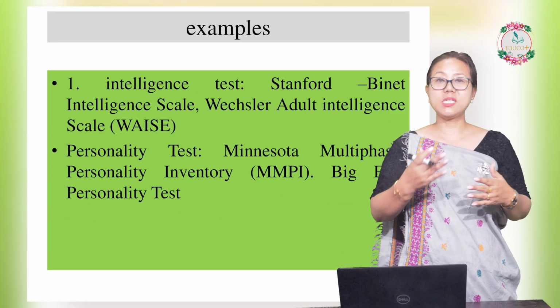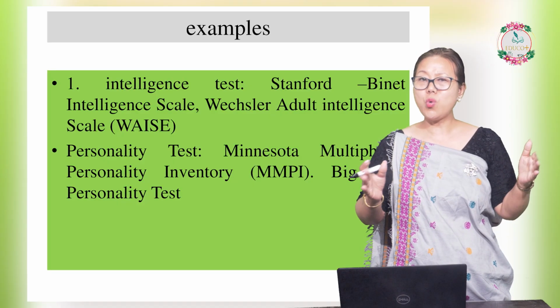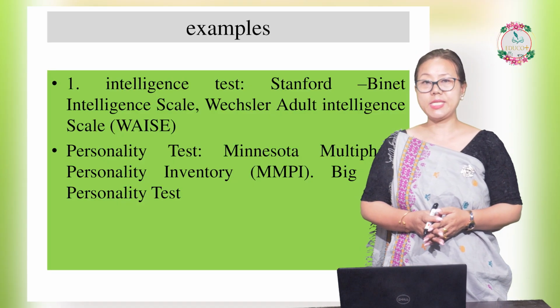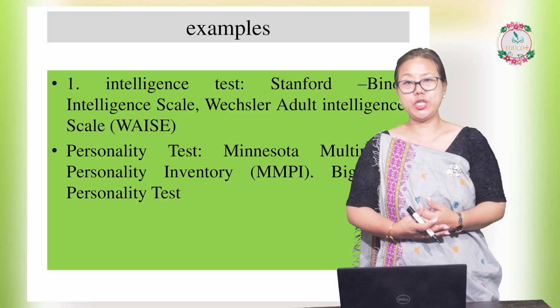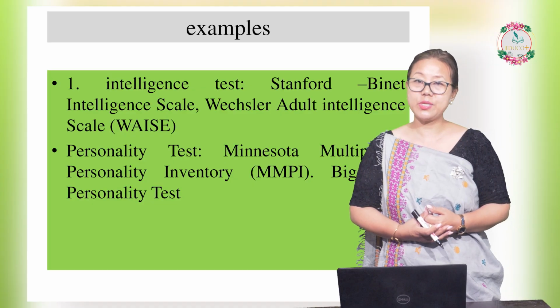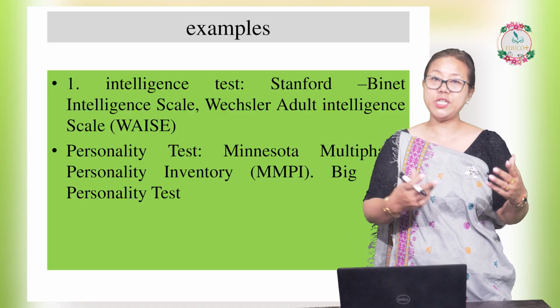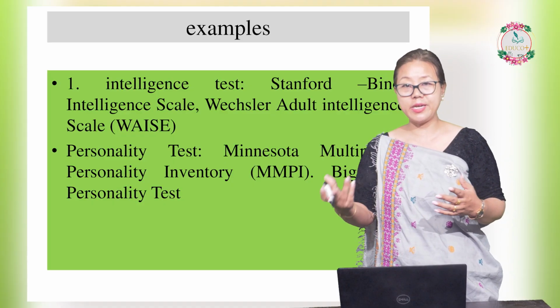Let's see some psychological test examples. There are many widely accepted psychological tests. These have significant real-world utility in education, healthcare, and the workplace. Intelligence tests, for example, Stanford-Binet Intelligence Scales, Wechsler Adult Intelligence Scale, WAIS.